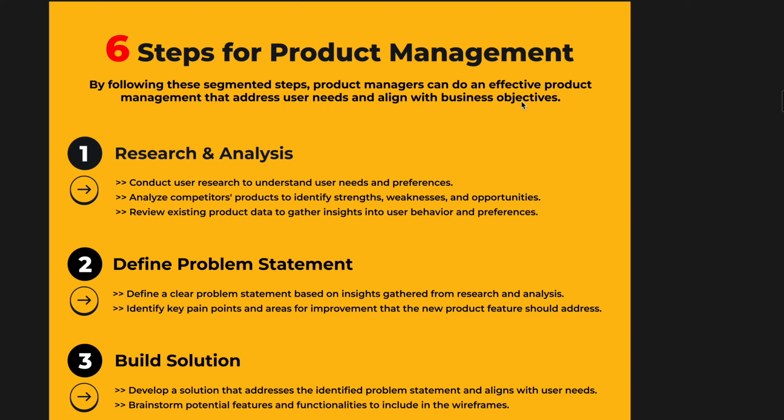As a product manager, your job is not just to build features. You don't want to be a feature factory. So you will also have to align with the business objectives. For example, if you want to create a feature called A, what will be the impact on the business?